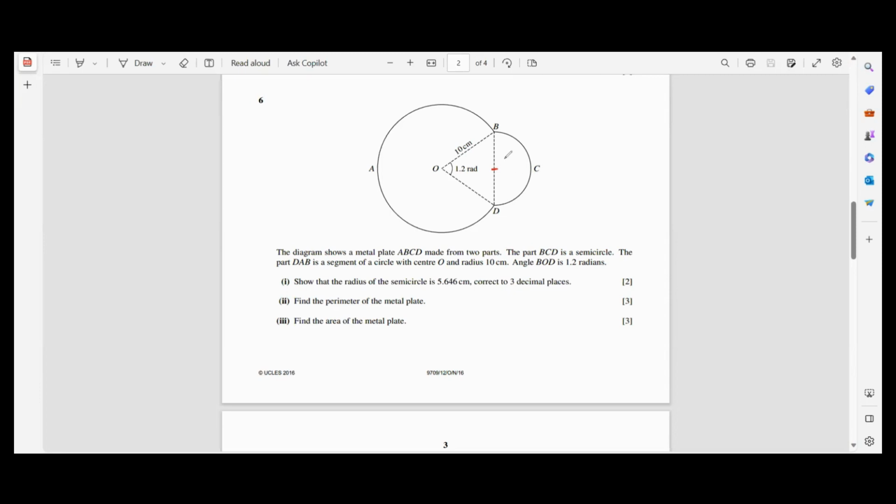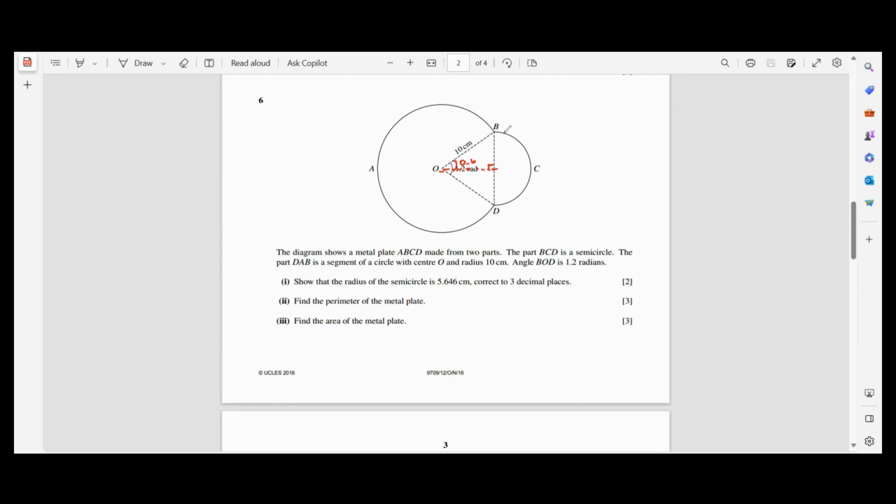If we see, we have the angle. So I think we can just use basic trigonometry. So this is 90 degrees. This 1.2 becomes 0.6 radian.